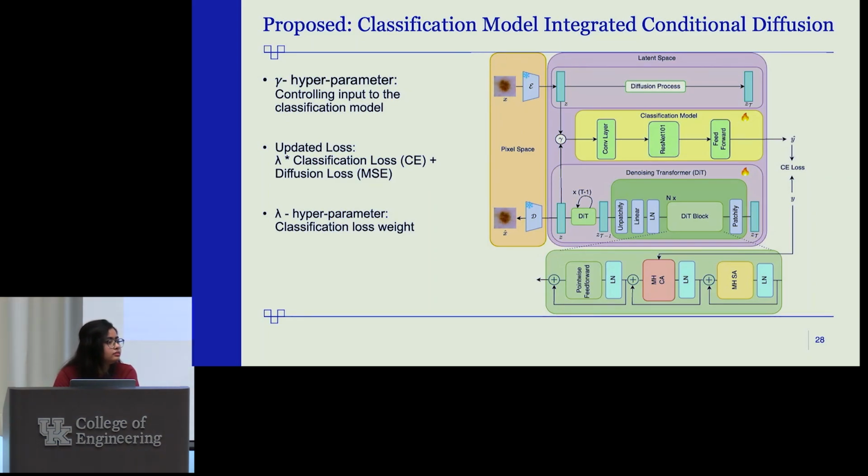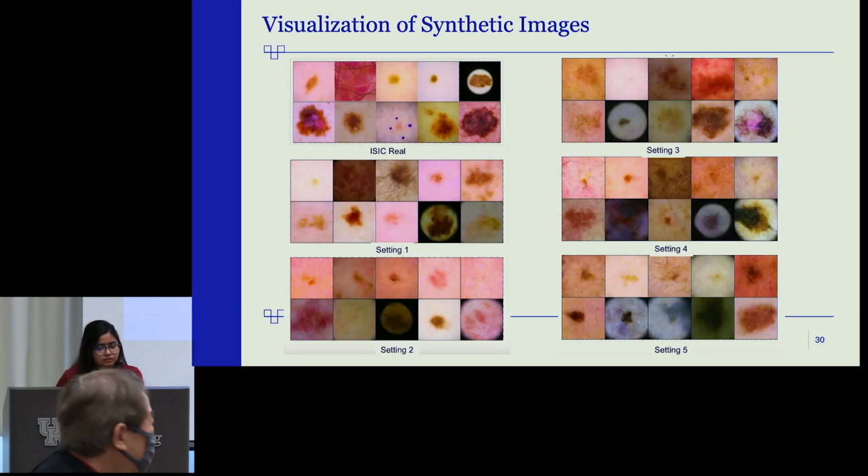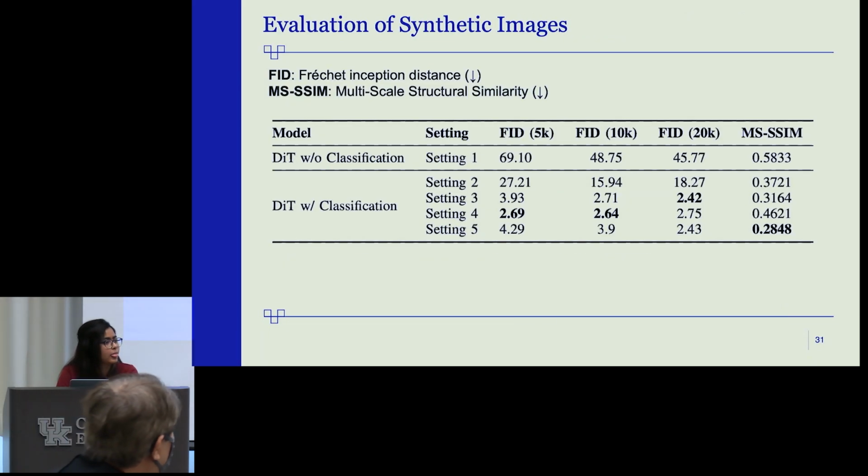Can you take the slide to the results? Looking at these results, for the bottom 5 settings, the values for FID and MSSM are quite different across the 4 settings.